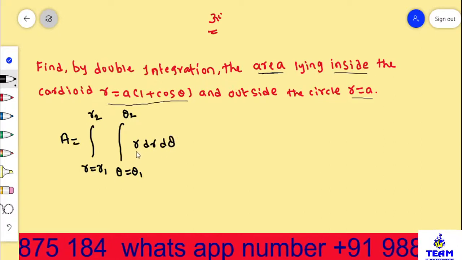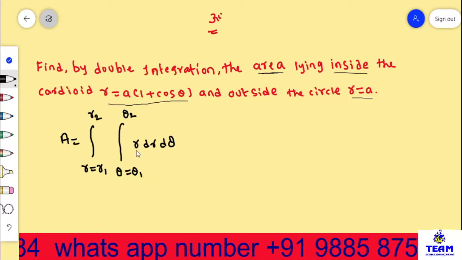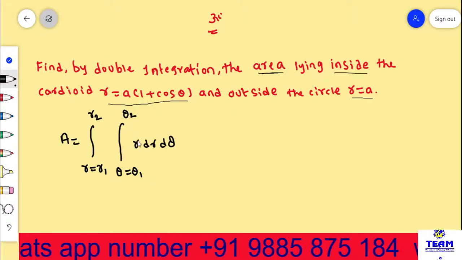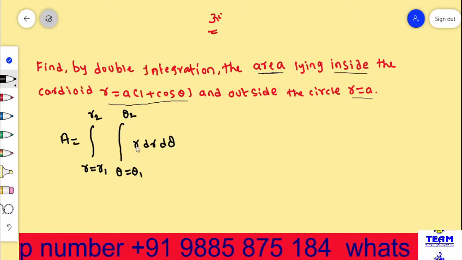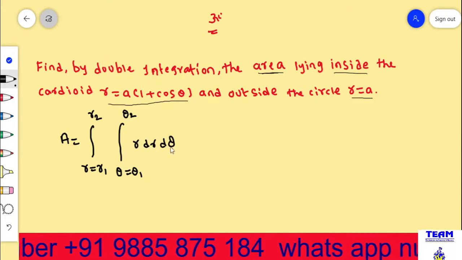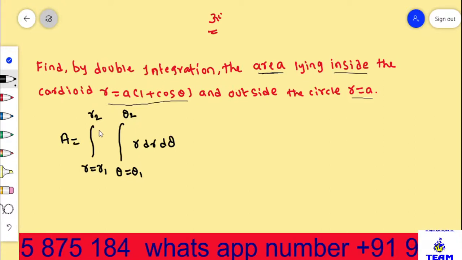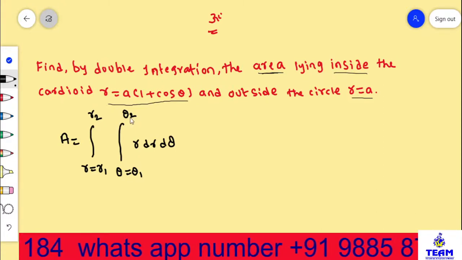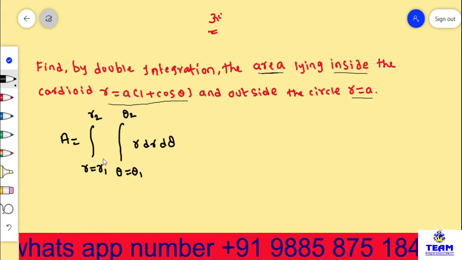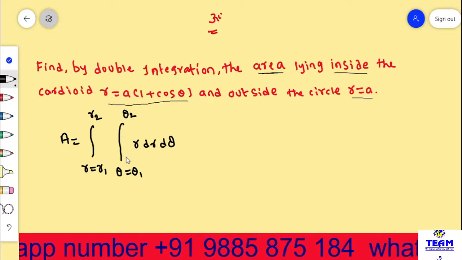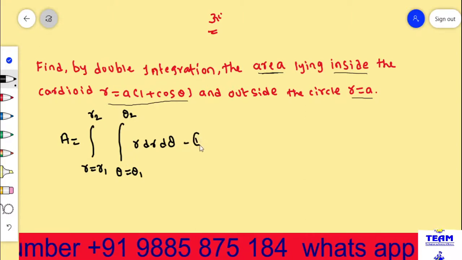The integrand here is r, so it stays as it is, and we change the limits only. For finding the area in polar coordinates we use this formula only. Remember this formula. Consider this as equation number 1.